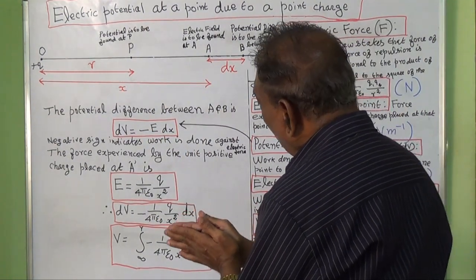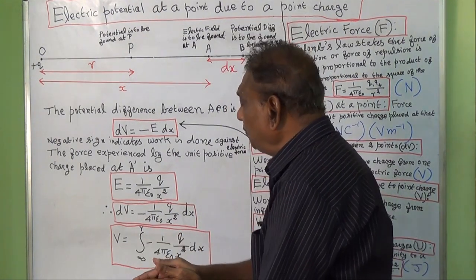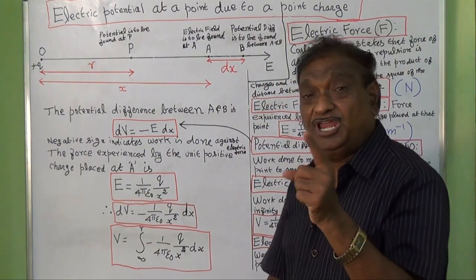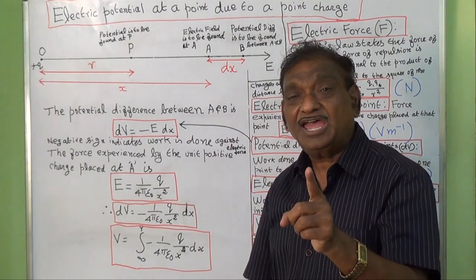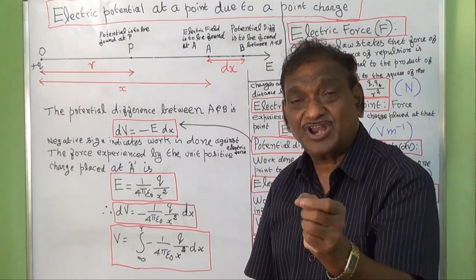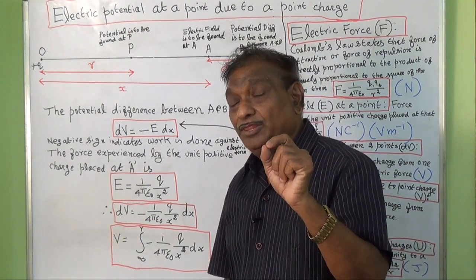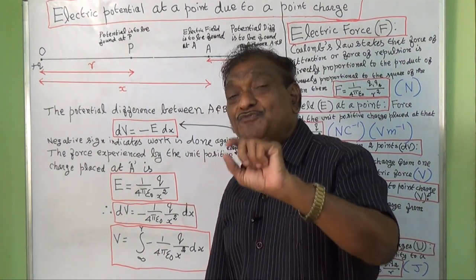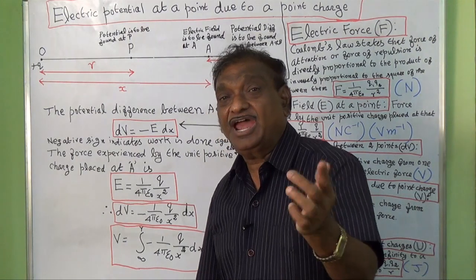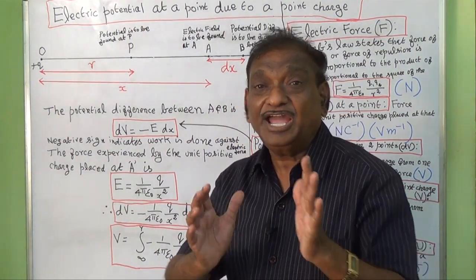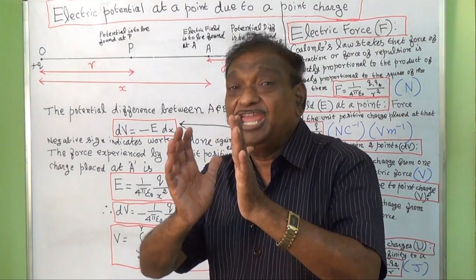From this equation dV, the next step is we are going to find the potential at a point. So how can we find the potential at a point from the equation of dV? dV is the potential difference. So if we want the potential V from dV, we can get by integrating the equation dV.